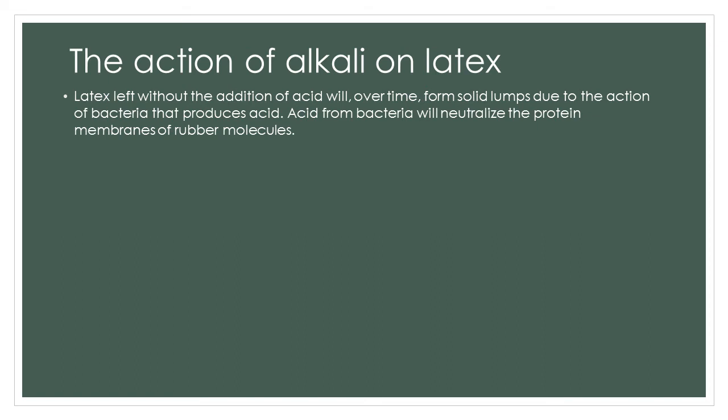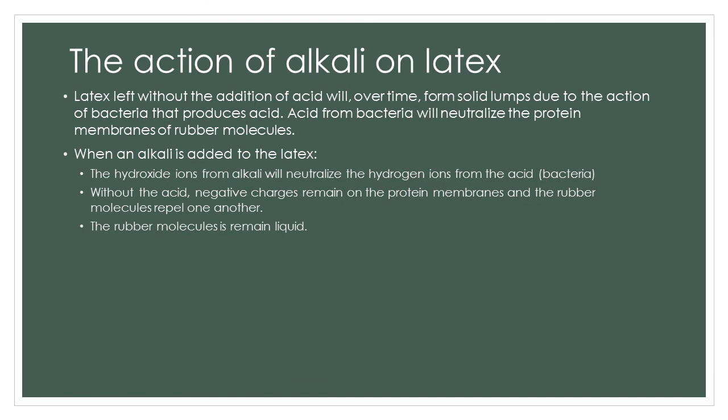This acid will neutralize the membrane of the molecule, so the latex molecules will coagulate, even though we did not add the acid. Somehow, if we do not add acid to the latex, it will still clump together because of the bacteria. So how do we prevent it?